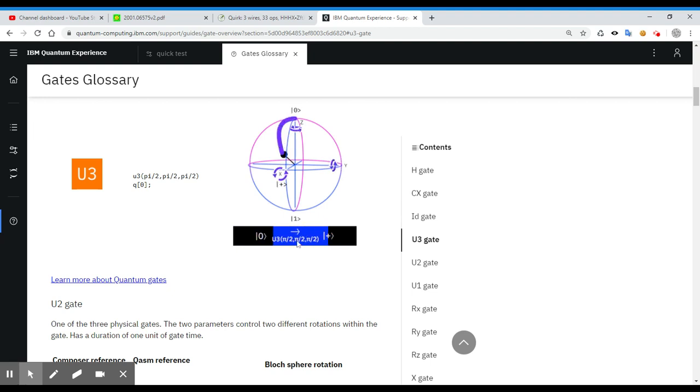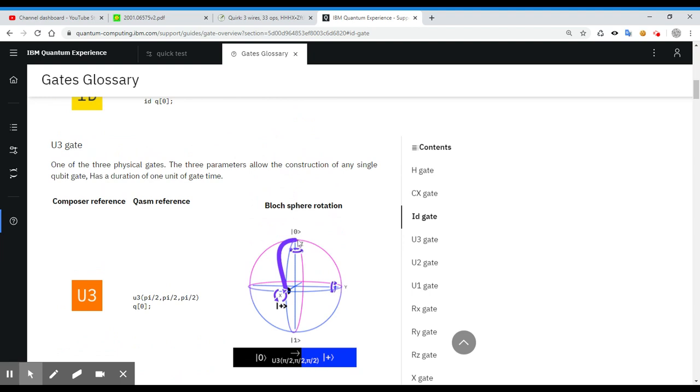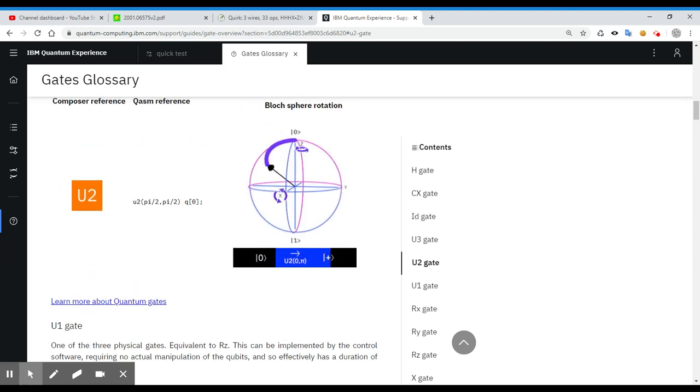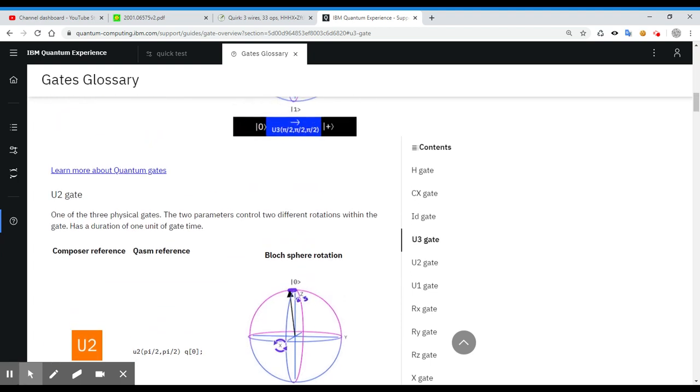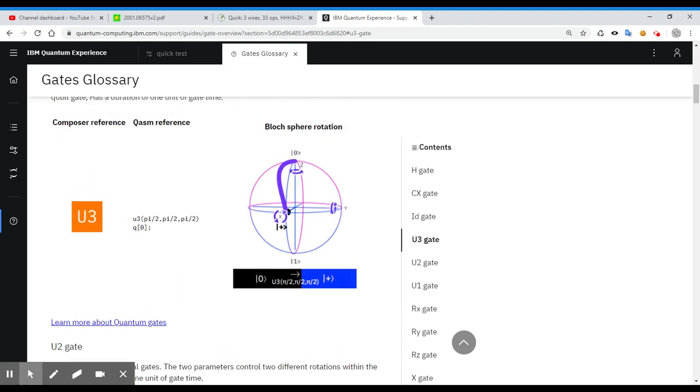It would be cool if that would be interactive. That would be nice. U2, okay. Pi divided by 2, pi divided by 2. So the U3 gate, basically, learn more about quantum gates.